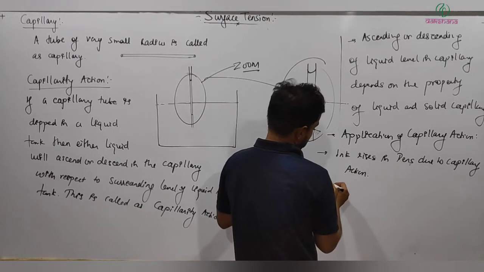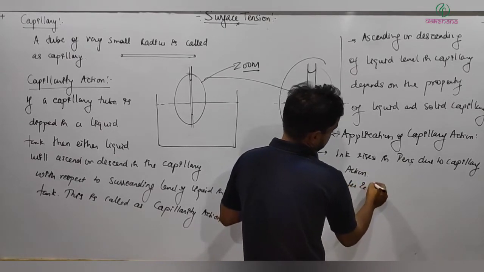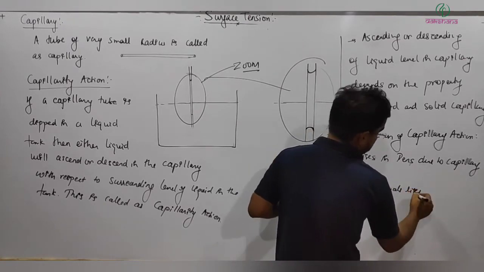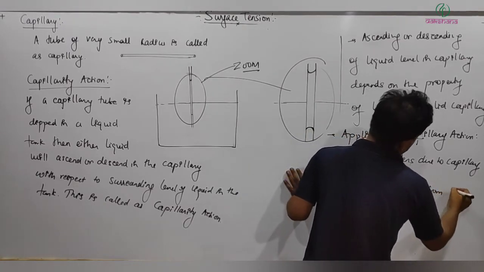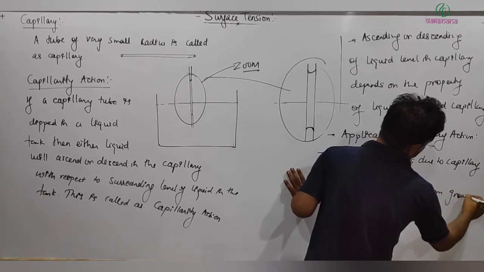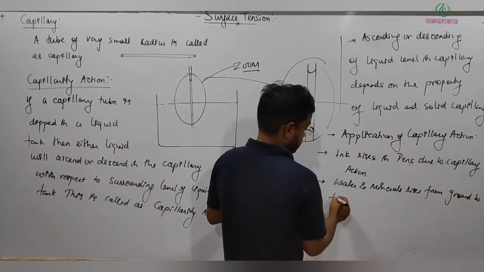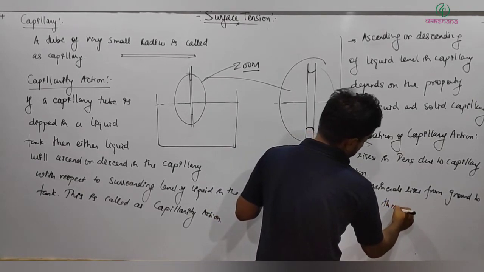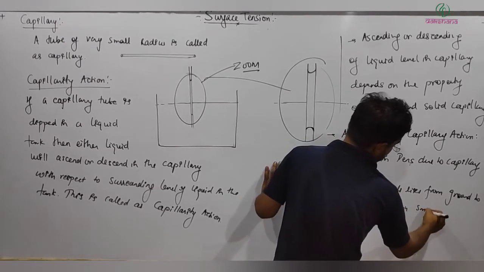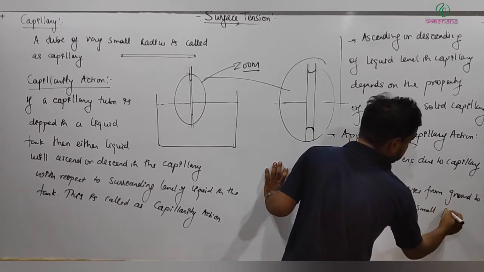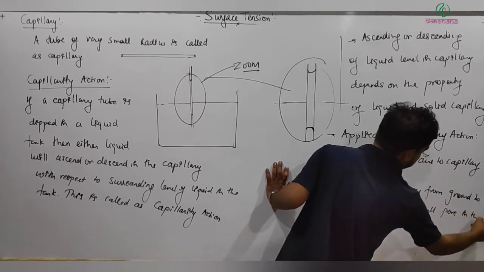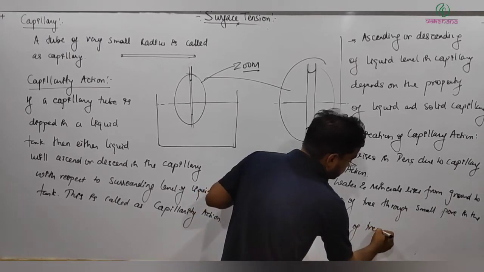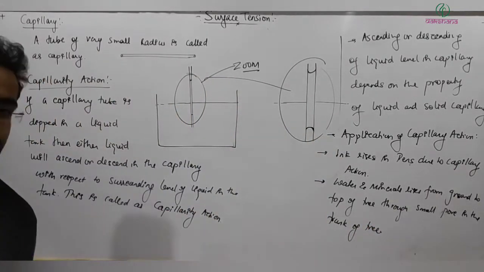Similarly, water and minerals rise from the ground to the top of a tree through small pores in the trunk of the tree. This is also an example of capillarity action.